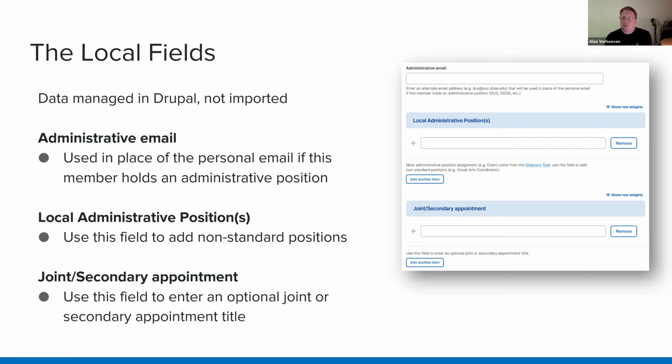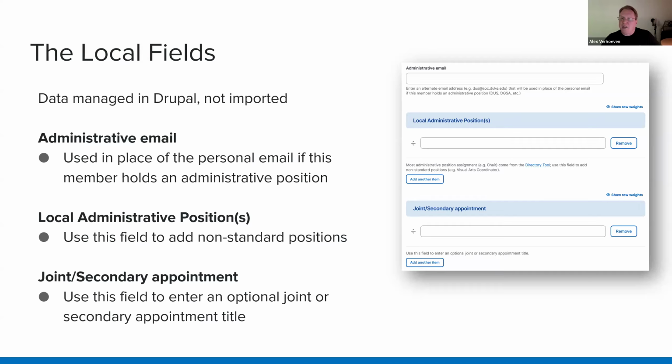Most administrative position assignments come from the directory tool and are standardized to meet the position titles most commonly used by all departments, like chair, DUS, DUSA, DGS, etc. But you would use this field to add non-standard positions. For example, visual arts coordinator is one that might be used in the Department of Art History, and Visual Studies.